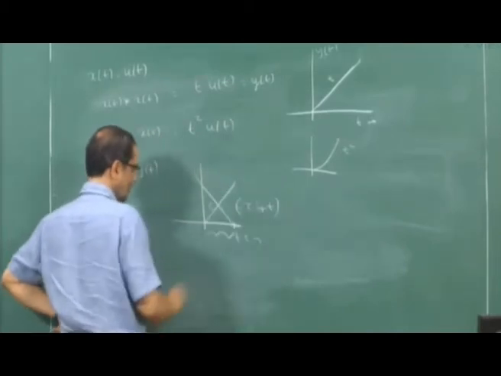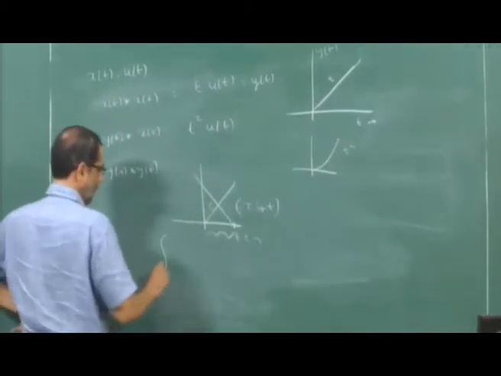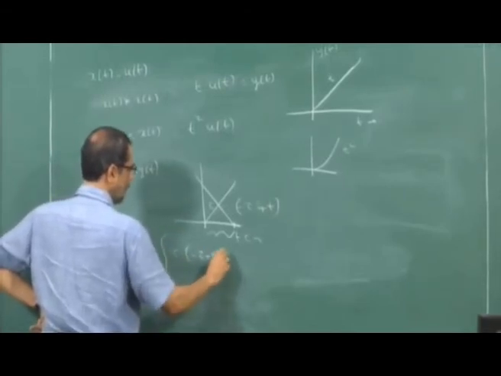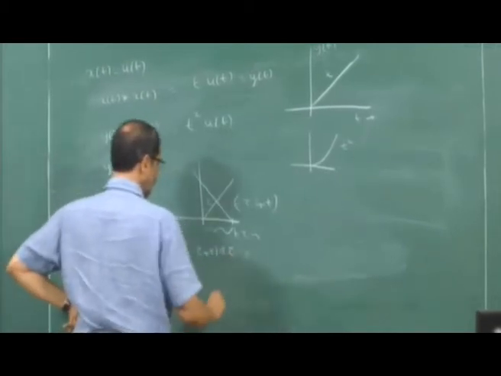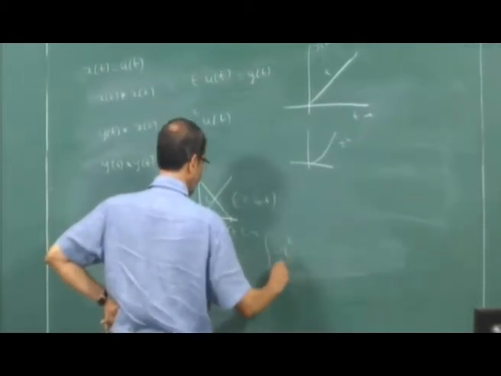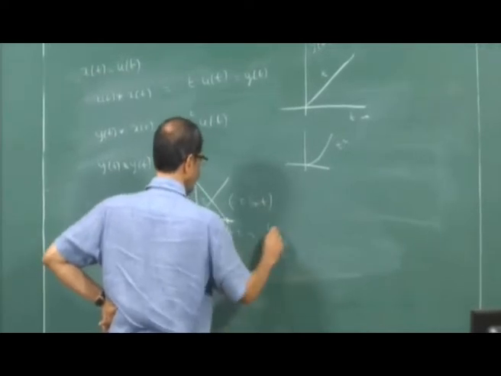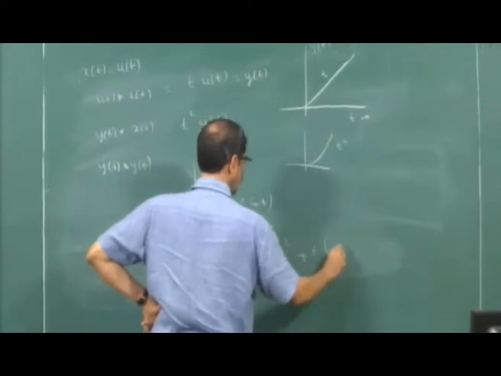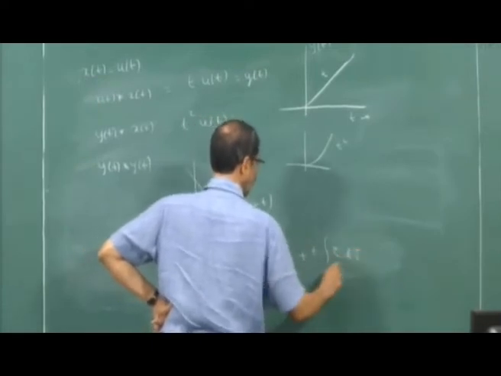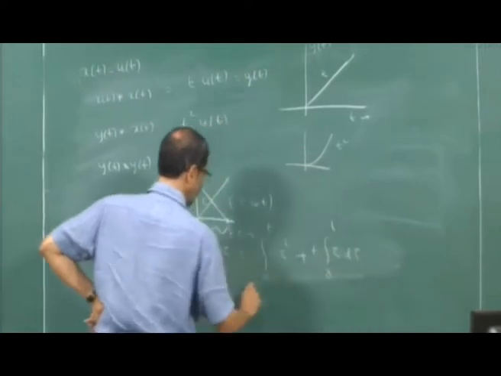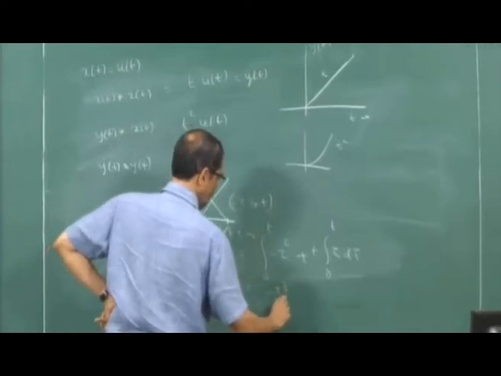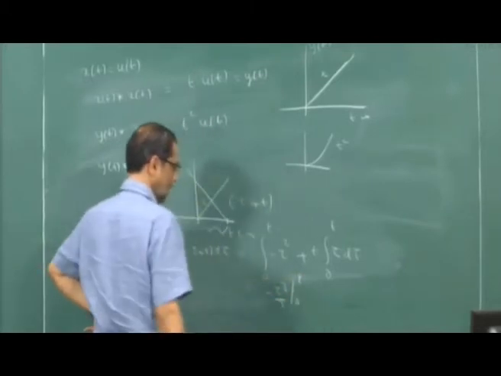So you are convolving, tau into minus tau plus t d tau, so that's equal to integration of minus tau square between 0 to t, and plus t into tau d tau, 0 to t. So what do you get? Tau cube by 3, 0 to t.